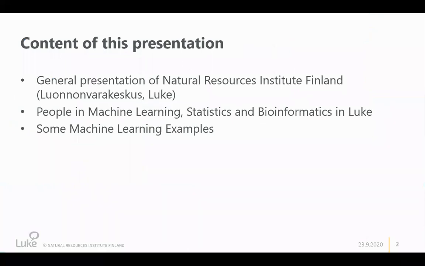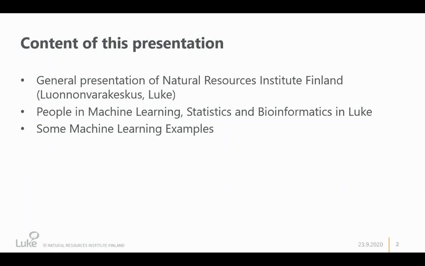Here I'm giving you an overview of what will be covered in my presentation today. First of all, I will talk to you a little bit about Luke in general. And in this general presentation, I will also be talking to you about the kind of topics we conduct research on in Luke, so you also get an idea of what kind of application areas we work with, for example, using the machine learning methods.